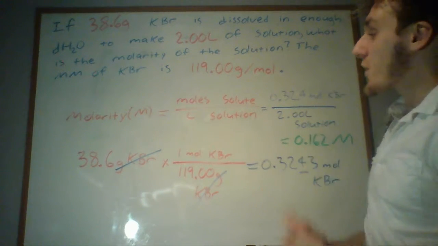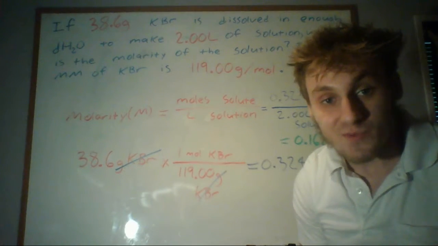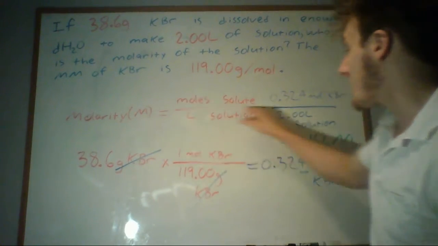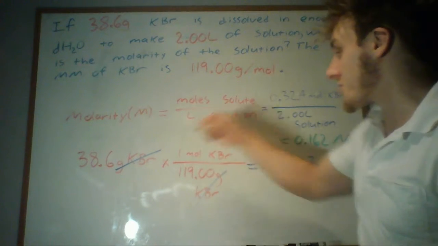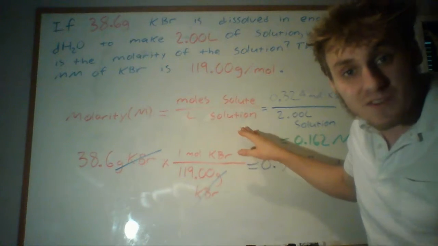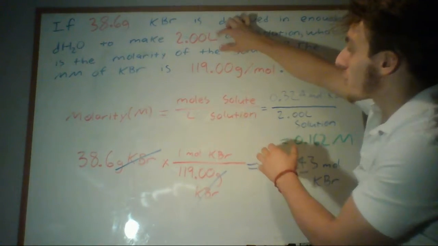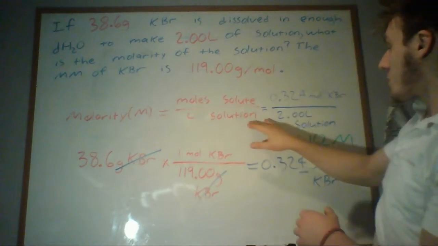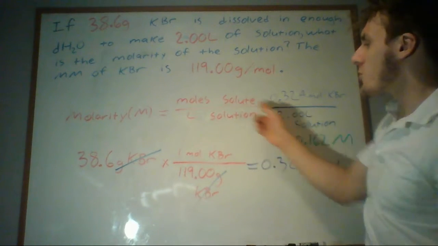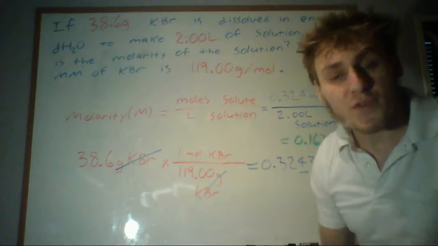And so to figure out the molarity of this solution, we use the definition of molarity, which is the moles of solute divided by the liters of solution. Now, we had the liters of solution, right? That was given to us in the problem at 2.00 liters. So we plugged that in for the liters of solution. We didn't know the moles of solute, but we could figure that out, right?